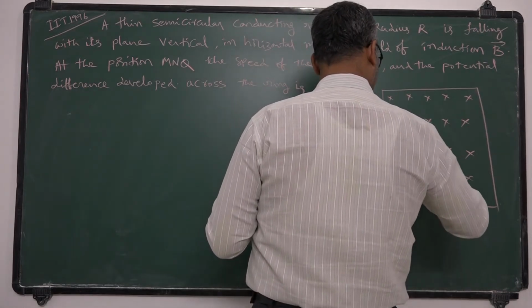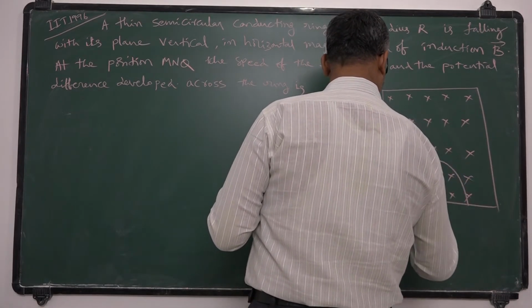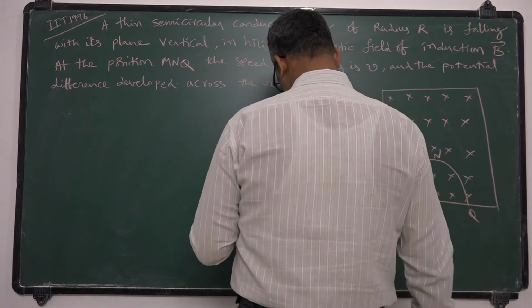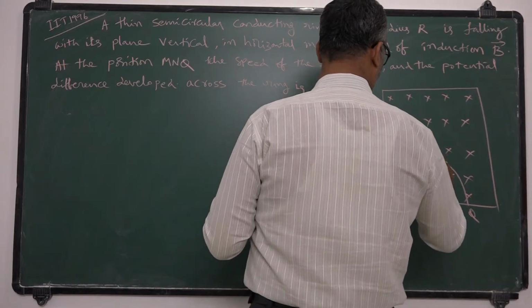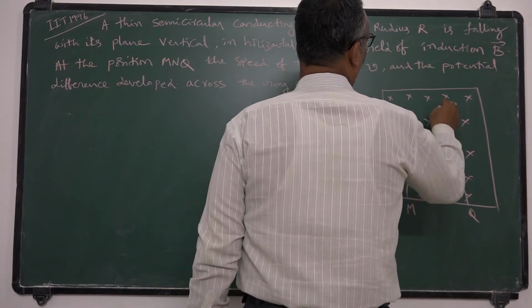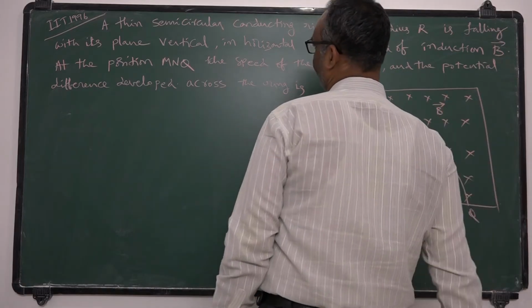The ring is like this: M, N, Q, moving downwards with velocity v. The magnetic field is having strength B.